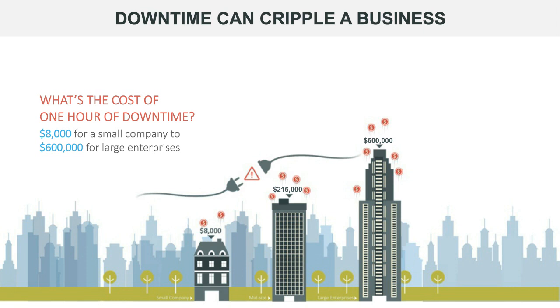But that scales up, of course. For a large enterprise, the cost per hour of downtime can be over $600,000 per hour. And so that average came out to right around $215,000 per hour for the average business, for each hour that you're down.